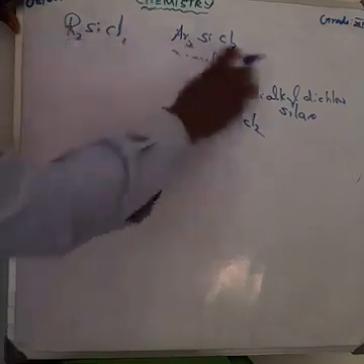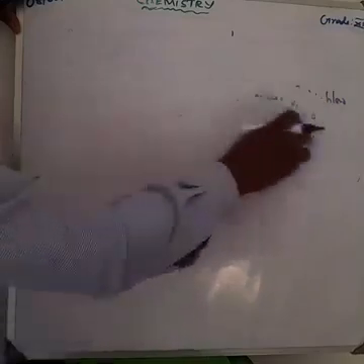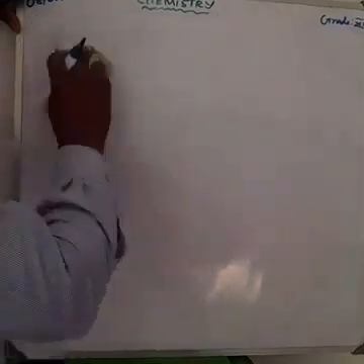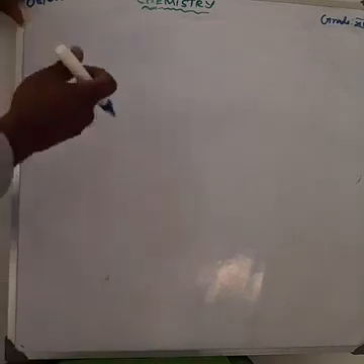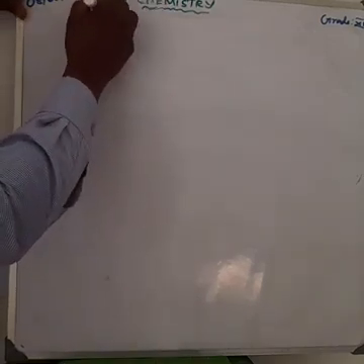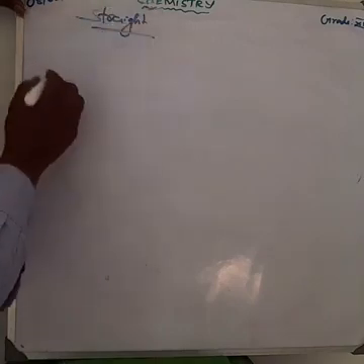Dialkyl dichlorosilane yields a straight chain polymer, growing from both sides of this group. What is a straight chain polymer? We will discuss it. First you have to write the formula.